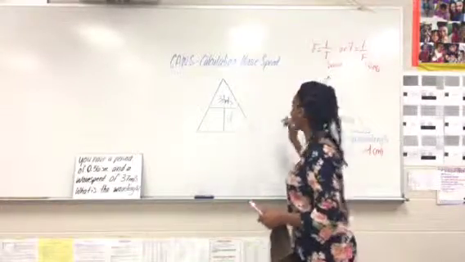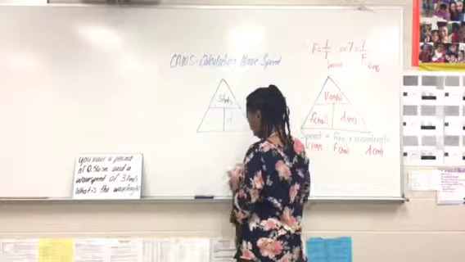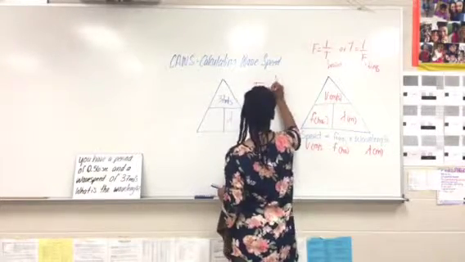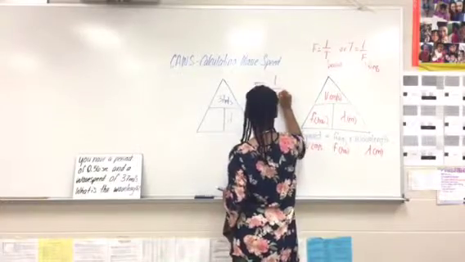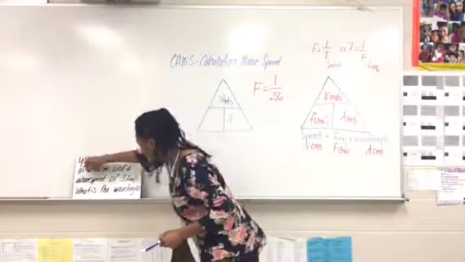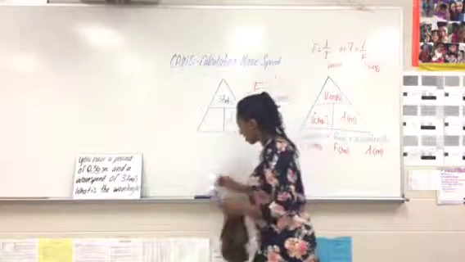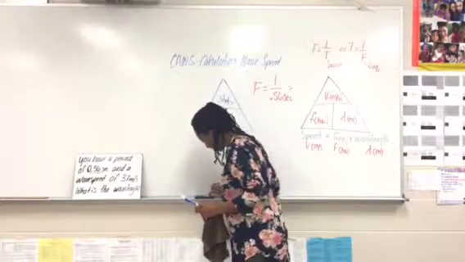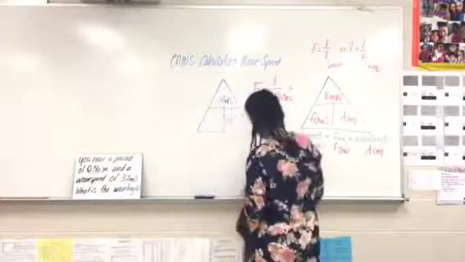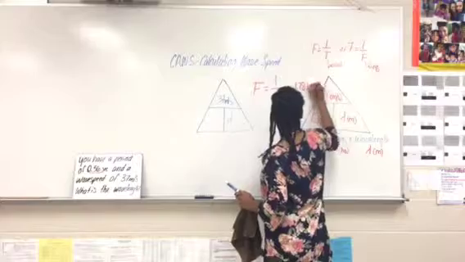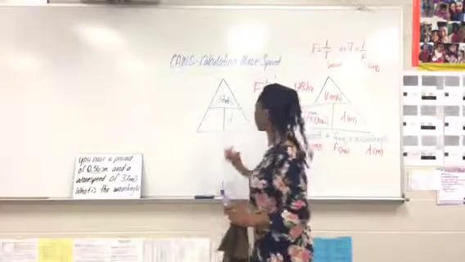So I'm going to take this 0.56, and use a different color. To find frequency, I'm going to do 1 over 0.56, because this is my period, in seconds. And 1 divided by 0.56 gives you 1.78. So those are my hertz. Now I can stick them over here.